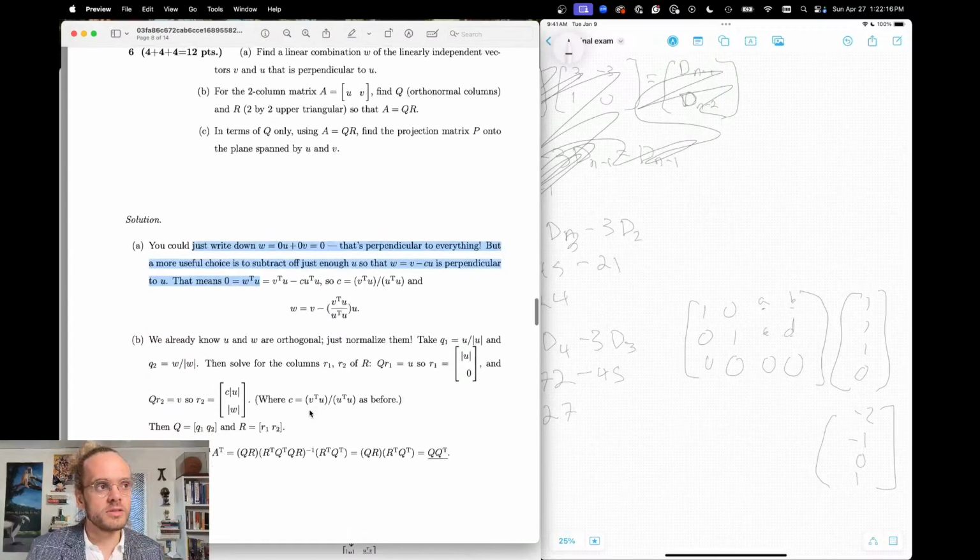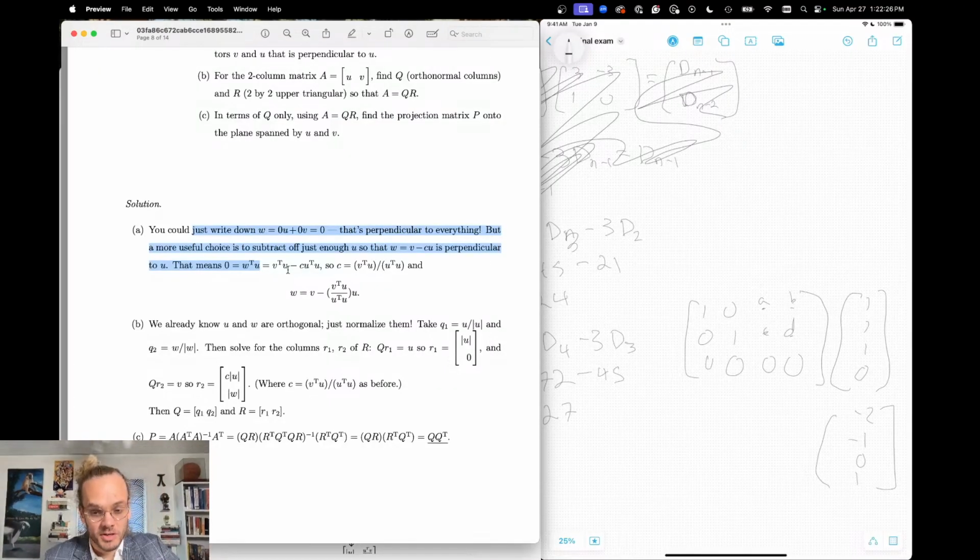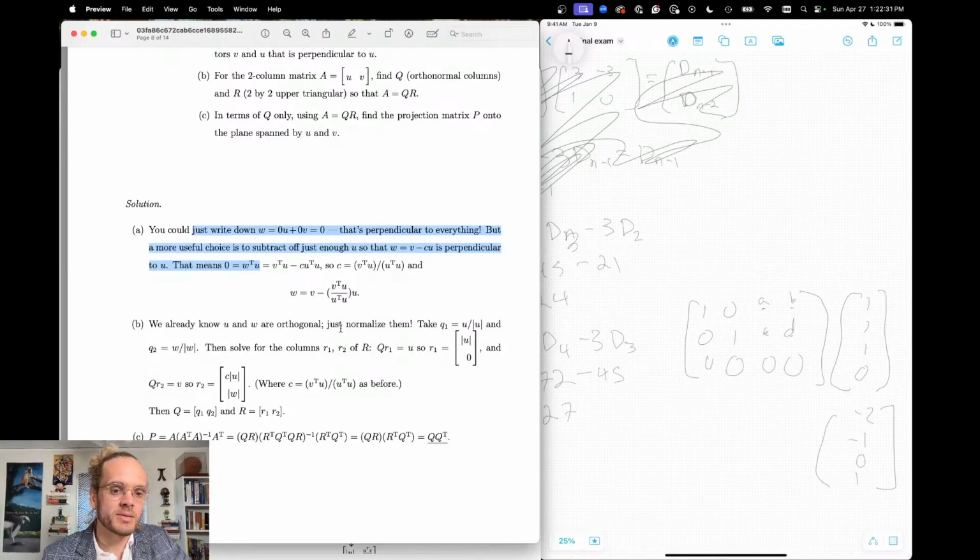That means w transposed u equals 0. Man, this is a lot. All the transpose things, they never really talked about transpose matrices. They just started mentioning them towards the end of the unit, and that was a big mess up, I think. WTU equals VTU minus CUTU. So C equals VTU over UTU.